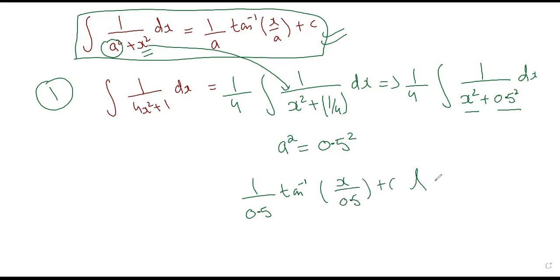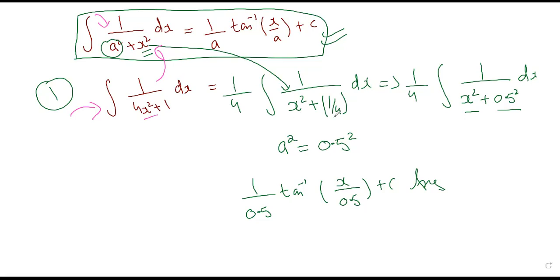The only thing you need to know in this case is that whenever you have a question of this type, 1 over a square plus x square. Now look, the type wasn't directly this. You need to make it look like this type, right? And how did you do that? You need to have x square in the denominator. Here you had 4x square, so you need to take 1 over 4 common.